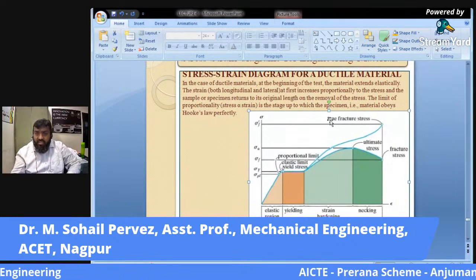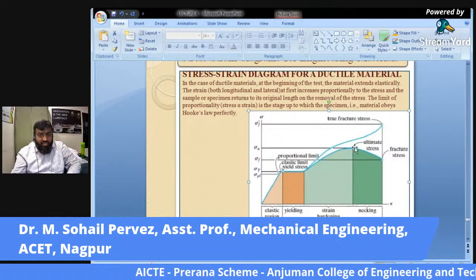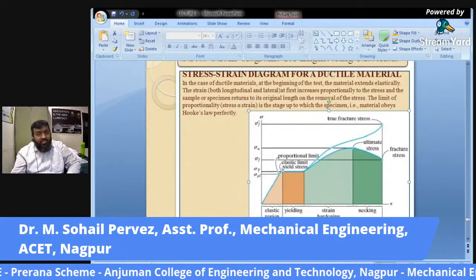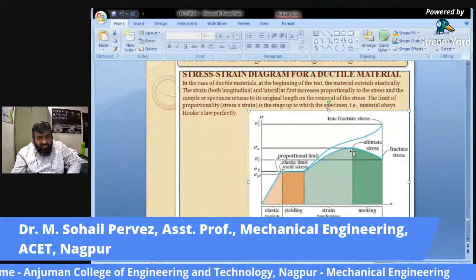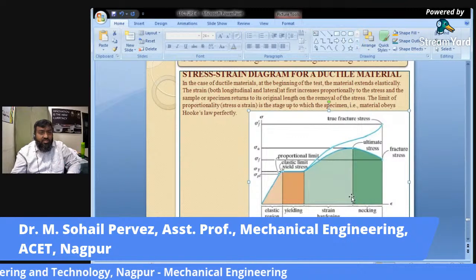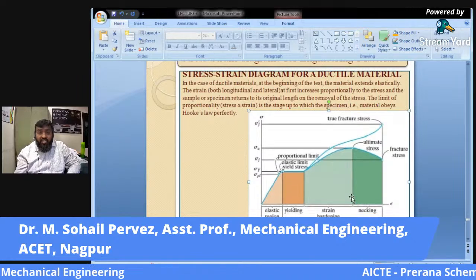After the ultimate point, if we slightly increase the load, fracture will occur. At this portion necking will take place and it may break at any point. So this is the stress strain diagram for ductile material.